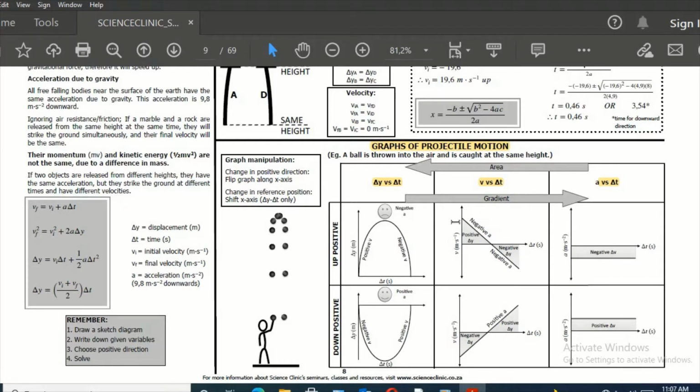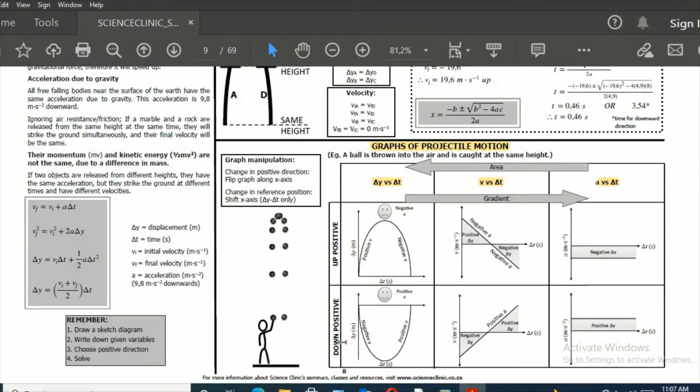But the important thing here is that you have a choice: you can say down is positive or up is positive. If you say up is positive, then your graphs are going to look like this. Because gravity is always acting downward, that graph is going to be below the time axis, so it's negative.